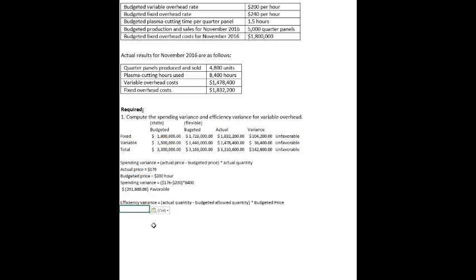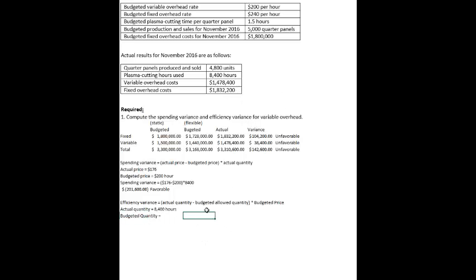And the formula is to take the actual quantity, and that actual quantity, remember, is of the allocation base, the item that we're allocating the overhead over, which is 8,400 hours. And you then subtract that from the budgeted quantity. Now the budgeted quantity is a little bit harder to see and understand.